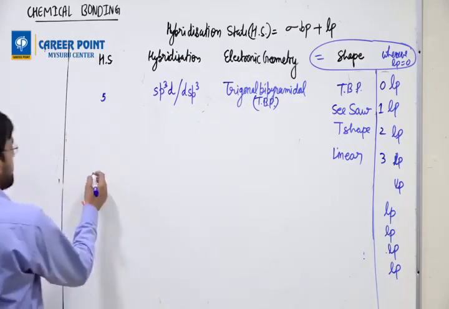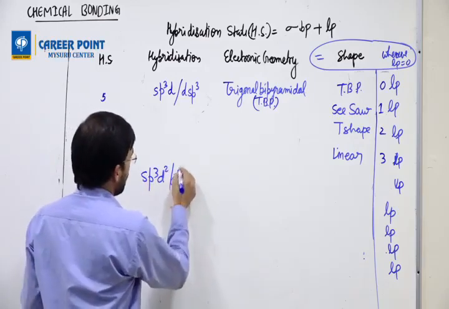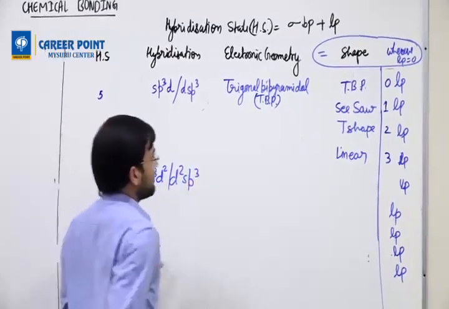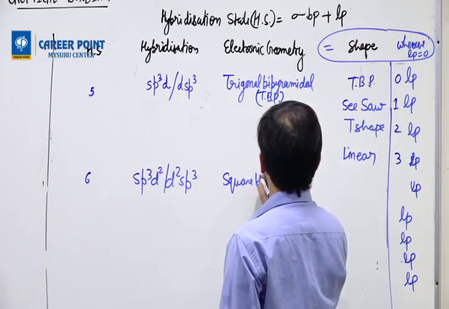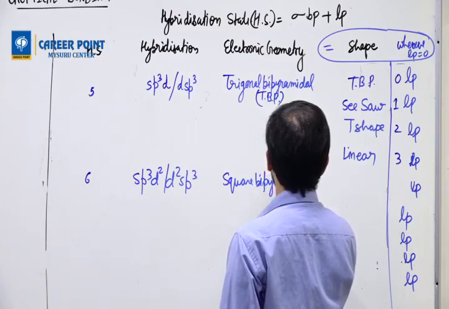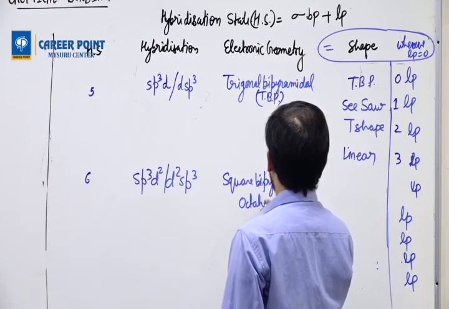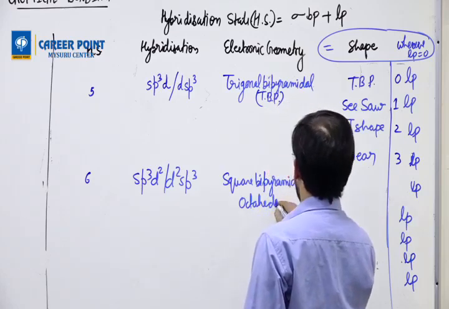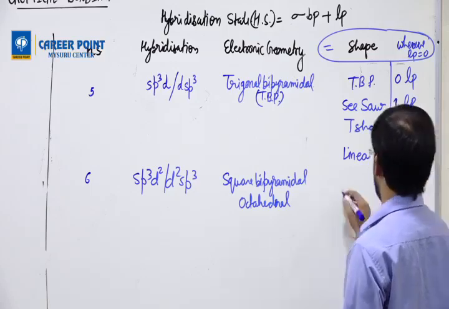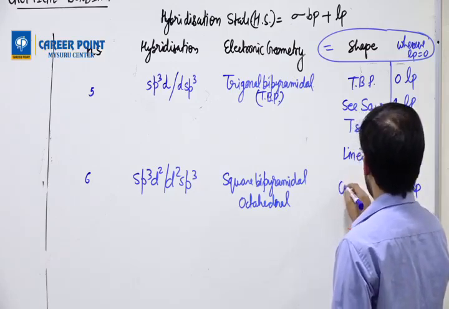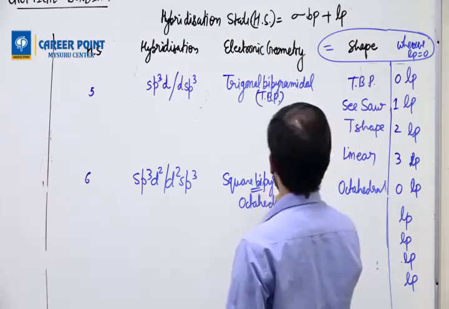Then after 5 we have 6, which is sp3d2 or d2sp3. Its shape is known as square bipyramidal. Another name is octahedral. So if you have zero lone pair, its shape is octahedral. Both names are same.